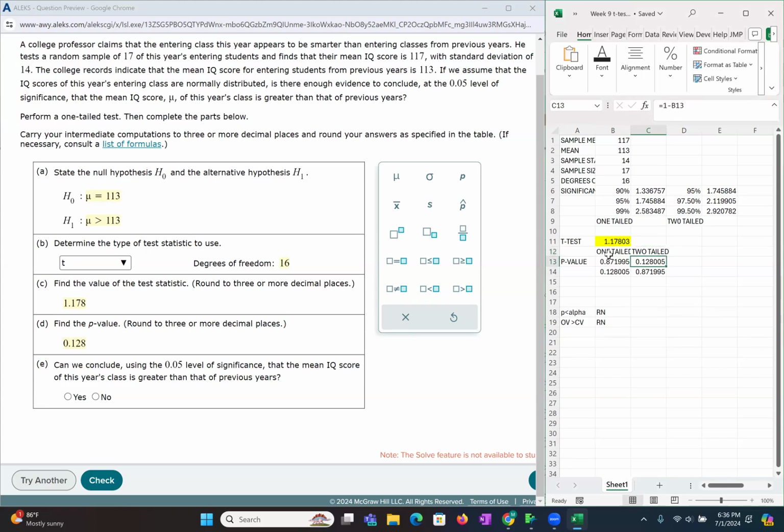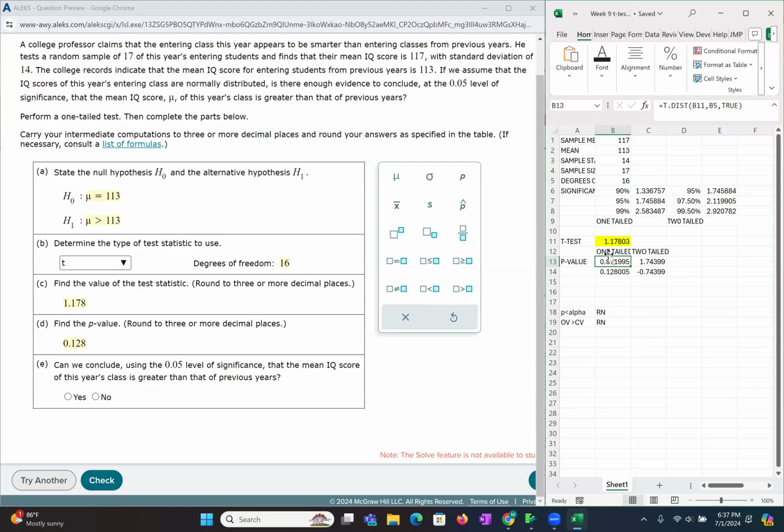It will be times 2, which is not going to work here because then it'll be 1 above. This would not work for a 0.87.